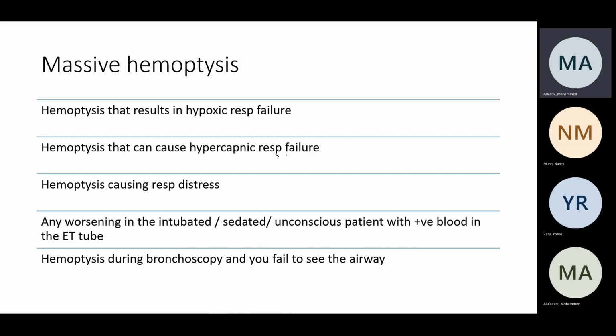Any worsening in the intubated patient, like you have someone in the ICU who suddenly has worsening hypoxia, and you see a tinge of blood in the airway, this is massive hemoptysis. Deal with it as massive hemoptysis. During bronchoscopy, if you have bleeding and you fail to see the airway, it is massive hemoptysis. Deal with it as such.